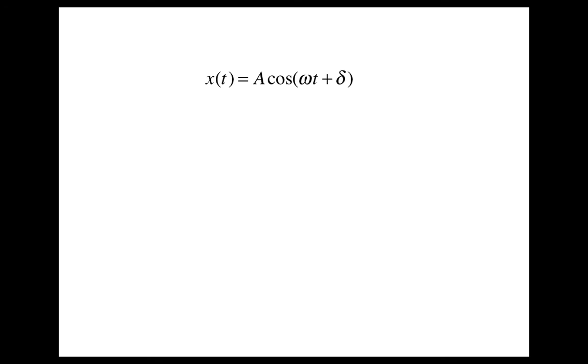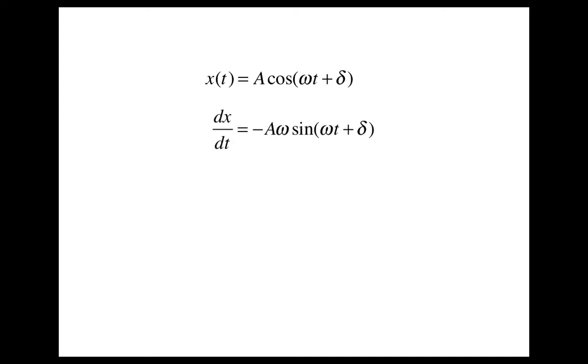All right, so there are other things we can do here. Let's take that equation, x of t equals A cosine of omega t plus delta, and let's go ahead and take the derivative. The derivative of cosine is negative sine, and we're going to have to use the chain rule as well because we have omega t plus delta inside the argument.